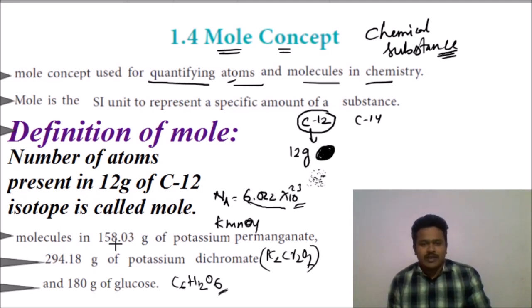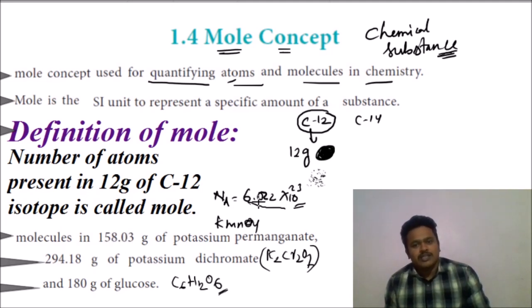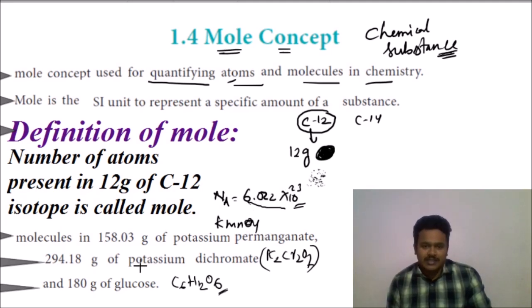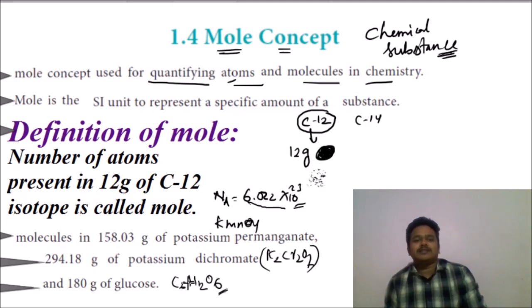So 158.03 grams of potassium permanganate contains 6.023 into 10 power 23 molecules, 294.18 grams of potassium dichromate contains 6.023 into 10 power 23 molecules, and 180 grams of glucose contains 6.023 into 10 power 23 molecules. That number is called 1 mole.